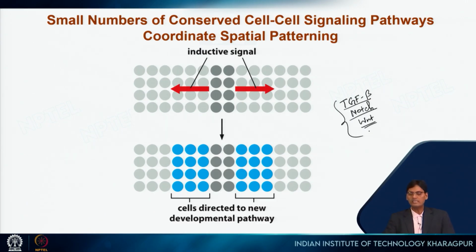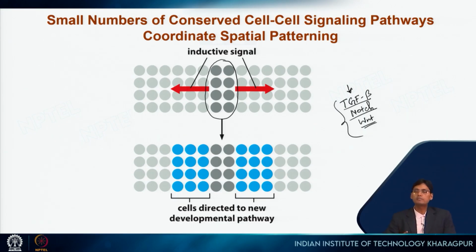So now, what is this inductive signal? As you can see, here we are just putting cells one after one. So now these cells at the center, they might produce some kind of signal. For example, this TGF beta. TGF beta stands for transforming growth factor beta.